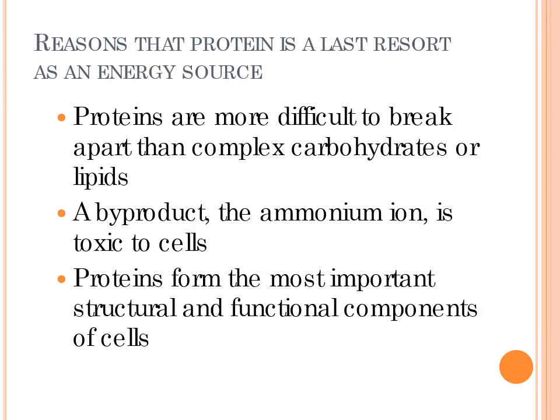The reason why proteins are a last resort for energy is because they're more difficult to break down. Carbohydrates and lipids are broken down more easily. Remember, lipids are giving a much higher yield on ATP, but complex carbs are the easiest to break down and turn into ATP. The byproduct of protein breakdown is the toxic ammonium ion.